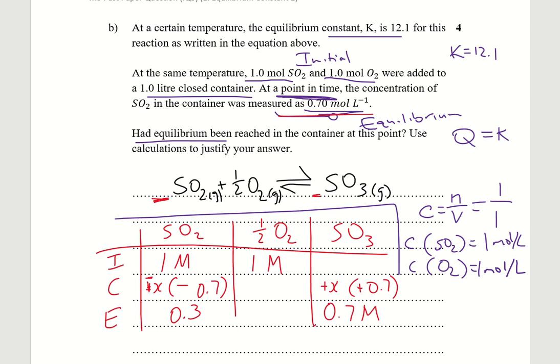The next one we have is the O2. Okay, so the oxygen coefficient is half and sulfur trioxide is 1. So the sulfur trioxide is twice the amount of the oxygen. So it's losing 2x, which is 2 times 0.7.